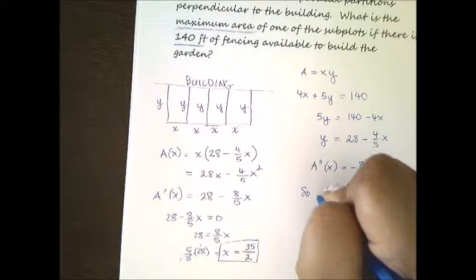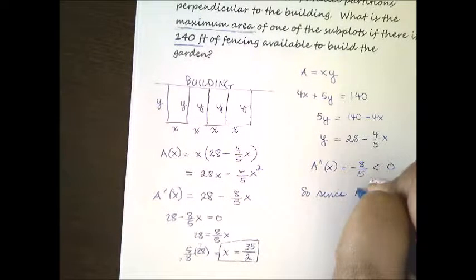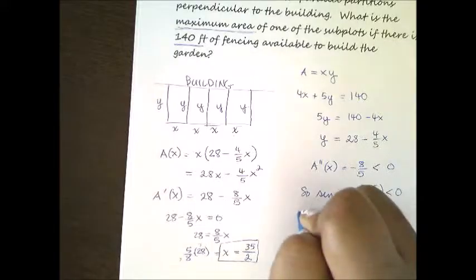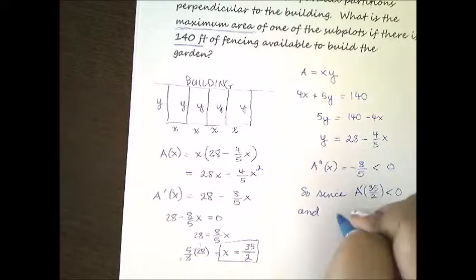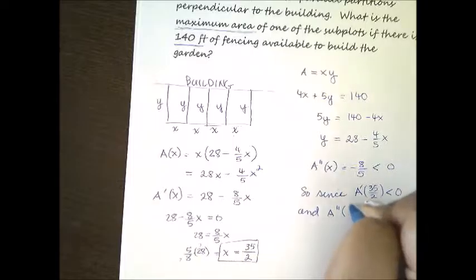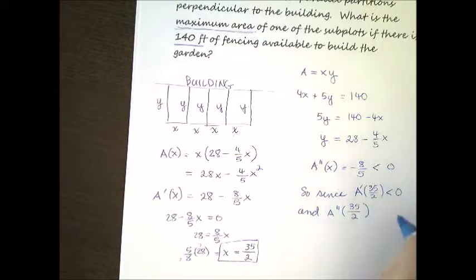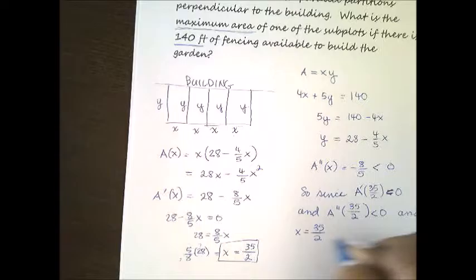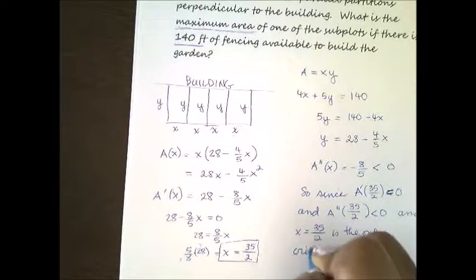So, since A prime of 35 over 2 is equal to 0, right? That's really important. And A double prime of 35 halves must be less than 0. And x equals 35 over 2 is the only critical point.